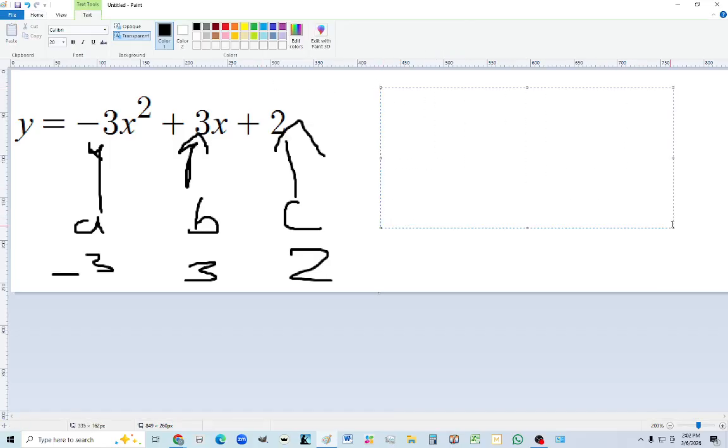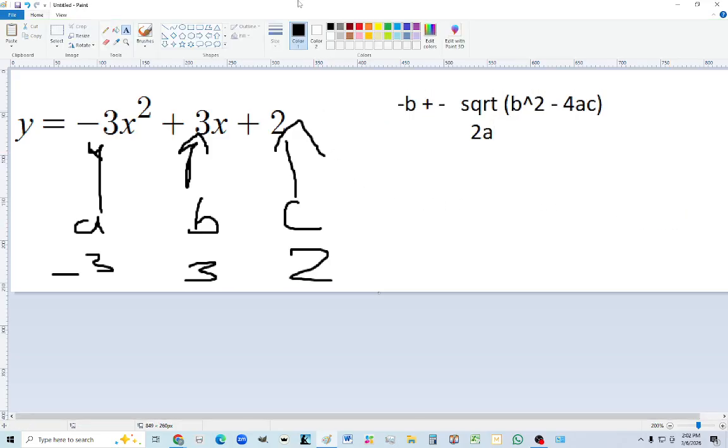The quadratic equation is minus b plus or minus the square root of b squared minus 4ac, all divided by 2a. Now, it might look confusing, but in reality, that's exactly how we solve it from a completed square perspective.